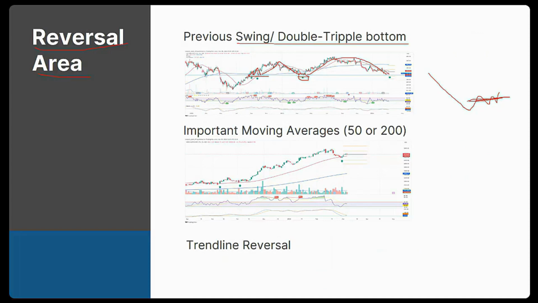So at the swing low, if you find any of these patterns, we are more interested to do the trading from that level. Another important level is the moving averages.